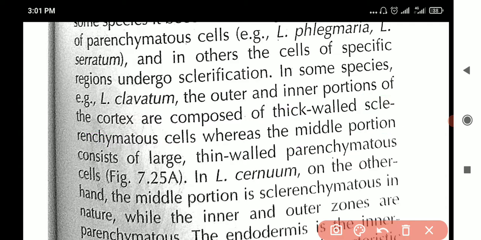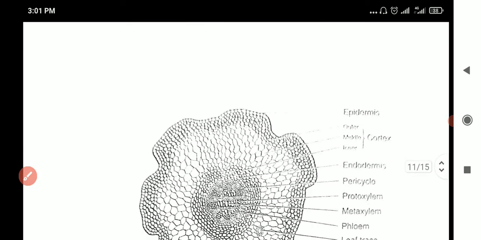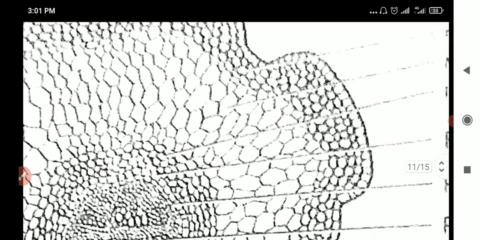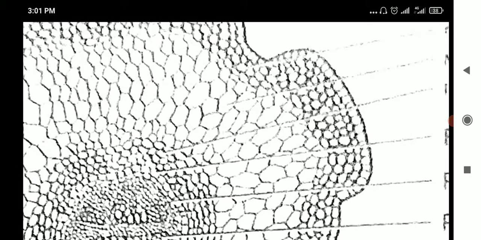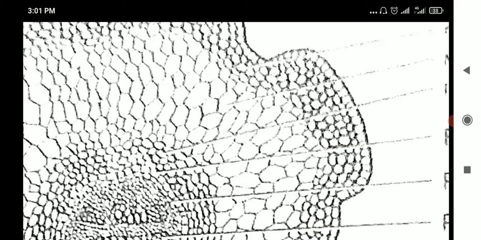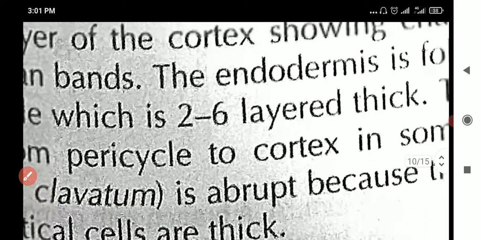I'll show you again. Okay, 1 minute. Let's see it again. Let me zoom. Here, in clavatum, girls, do you see? The outer cortex is sclerified, inner cortex also sclerified, but middle cortex is the ordinary parenchymatous cells. So you can describe from the image only.